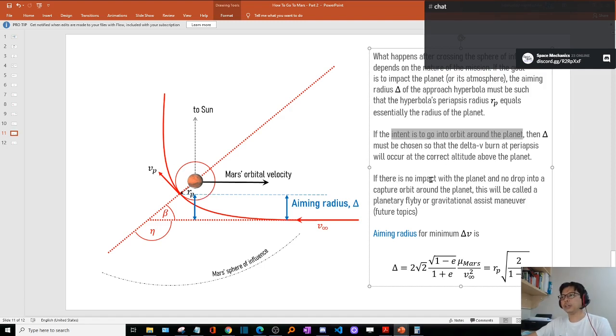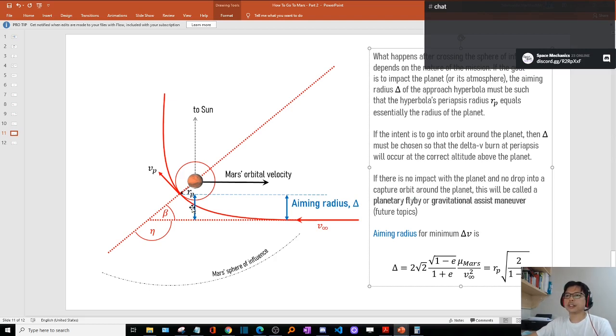Or if there's no impact, or you do not drop into a capture orbit, this would be called a planetary flyby, or gravitational assist maneuver. It's a future topic. Actually, the analysis is pretty much the same. If you understand this, planetary flyby is just adding 1 or 2 formulas only.